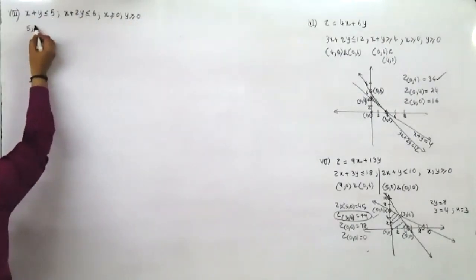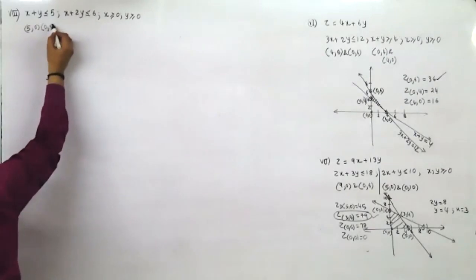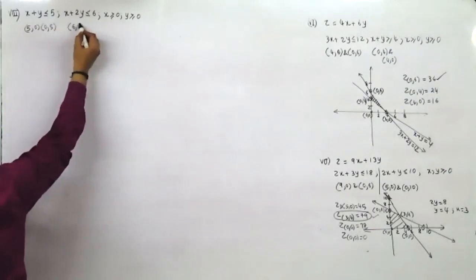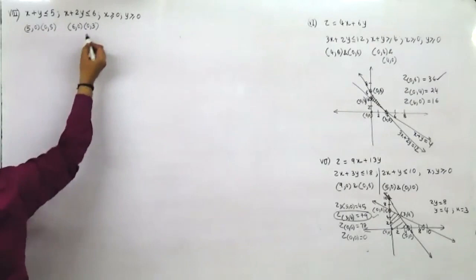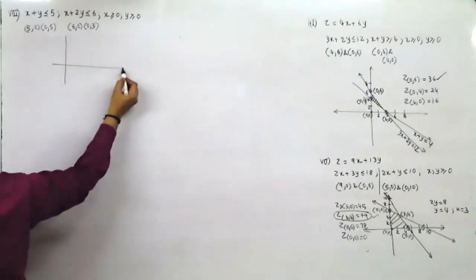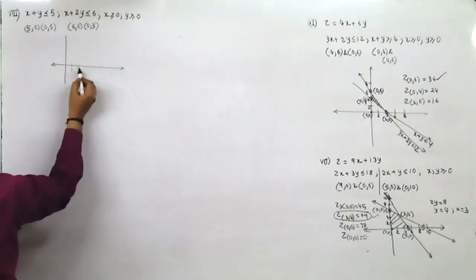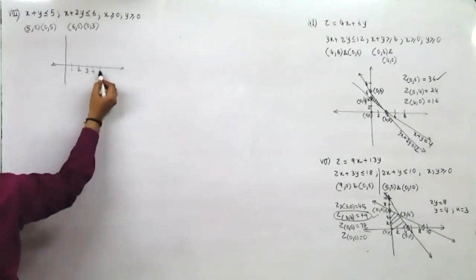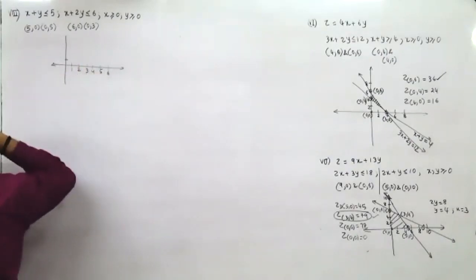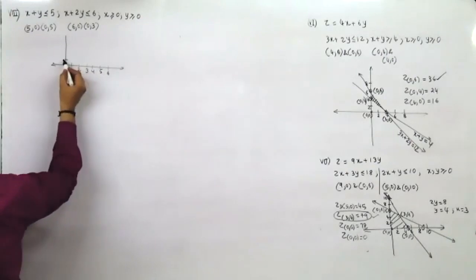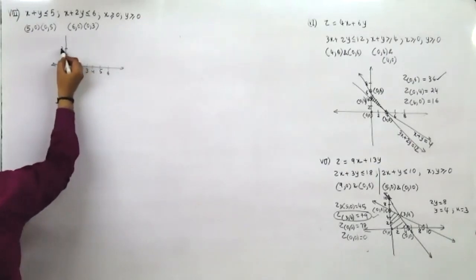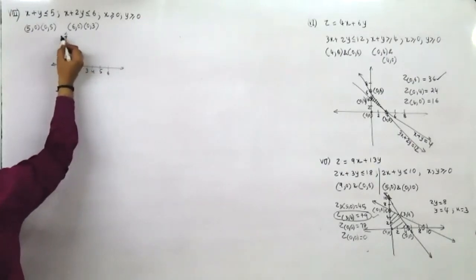This is 5, 0, 0, 5. This is 6, 0 and 0, 3. 1, 2, 3, 4, 5, and 6. This would be 1, 2, 3, 4, and 5.